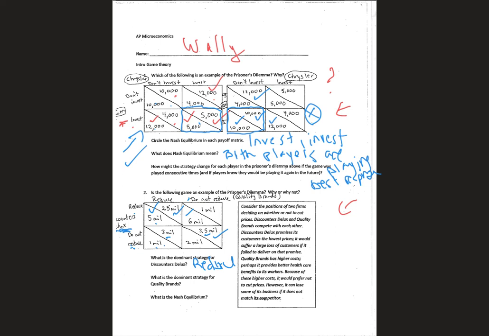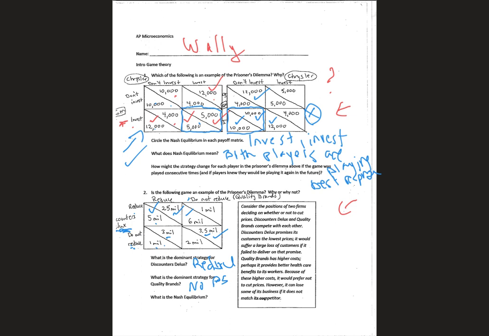So in this case, there is no dominant strategy for Quality Brands because on one occasion when Discounters Deluxe is reducing, they should reduce. If Discounters Deluxe does not reduce, then they should not reduce, okay? So even though they have a best response to what Discounters Deluxe is doing, it's not always the same best response, and that's what a dominant strategy would be.